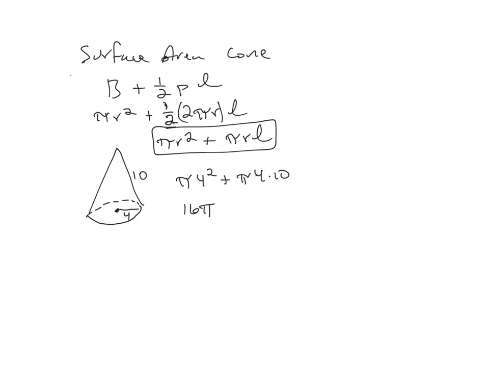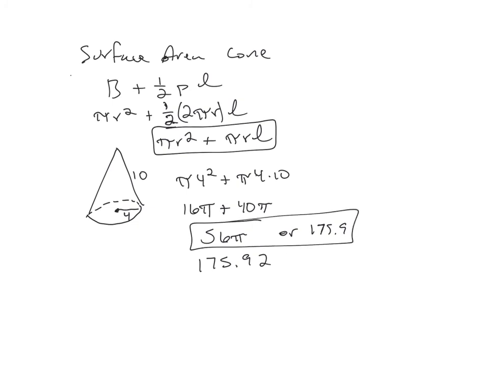So 16 pi and 40 pi, add them together, 56 pi, and then multiply it out, and we get 175.92, so just 175.9. Okay, so that's the easy problem. Here's all the information you need.